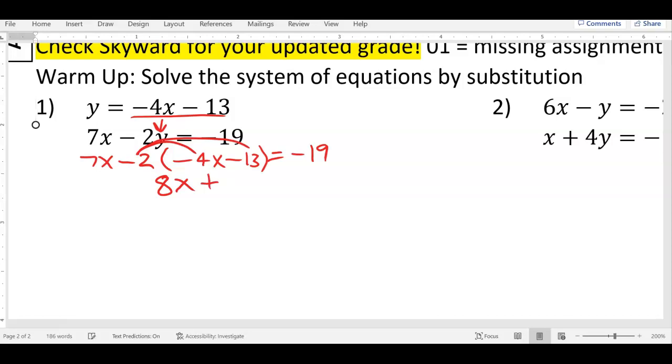Because it's a negative times a negative. All right, so far I've replaced or substituted, and now I'm going to simplify and bring down 7x plus, and then bring down negative 19.